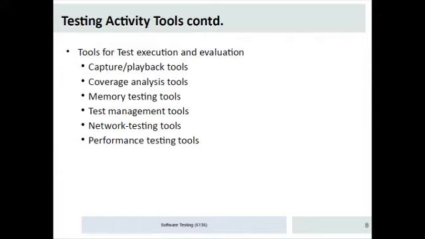First one, capture playback tools. These tools record the events such as mouse clicks, keyboard strokes, display output, and generate a script which can be later used to test the system. That way it will replay the script and the testing can be performed automatically.